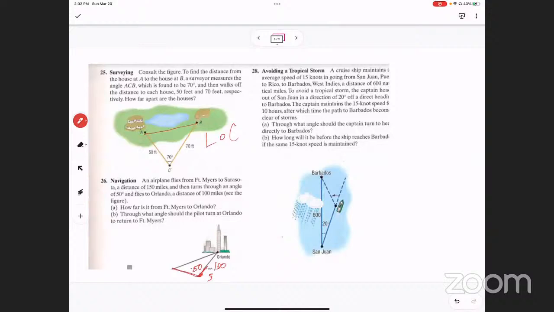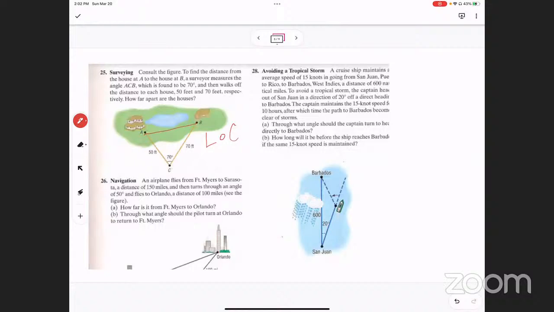So the picture must just be wrong. Maybe it's like this: there's 100, there's 150, and that's a 50-degree angle turn. No, that doesn't make sense either. Can you see the picture? I don't have it on me. Oh, okay. I think we can just avoid that one. It's hard to understand the picture, but it's probably just going to be another law of cosines problem.